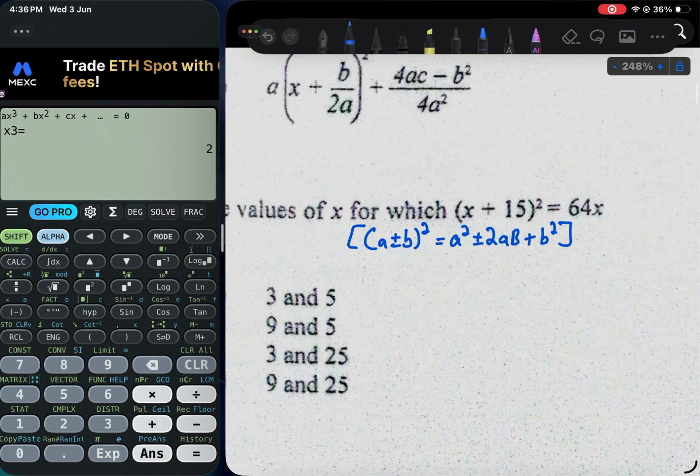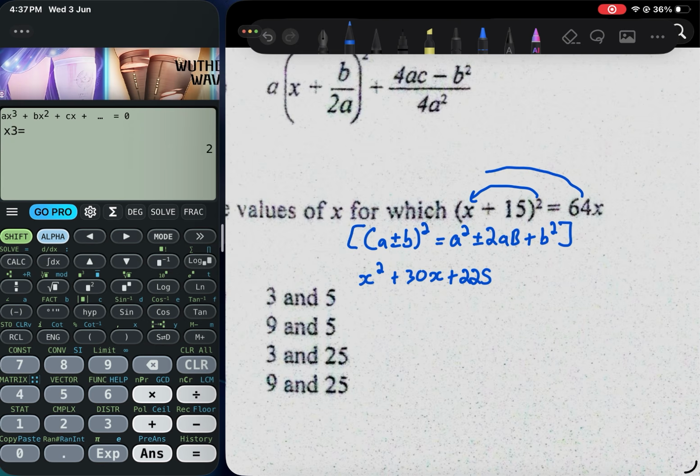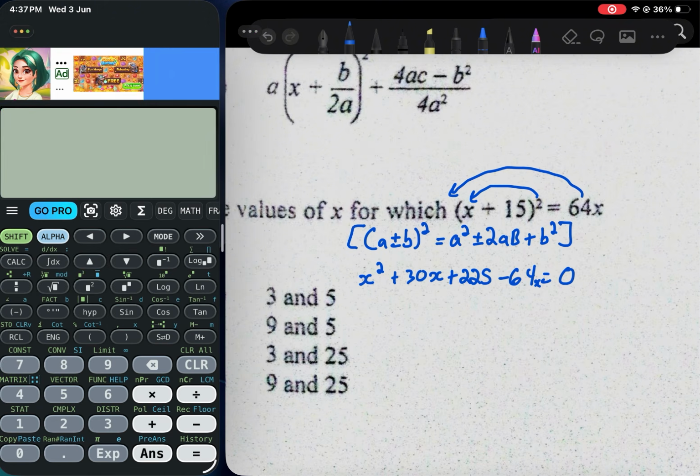We'd get x squared, we're squaring our first term, plus the 2ab would give us 30x, plus the square of 15, which is 225, is equal to 64. But we're going to bring the 64 over to the left-hand side so that our equation will be equal to 0. And this would give us 30 minus 64x, which would give us negative 34x plus the 225 is equal to 0.